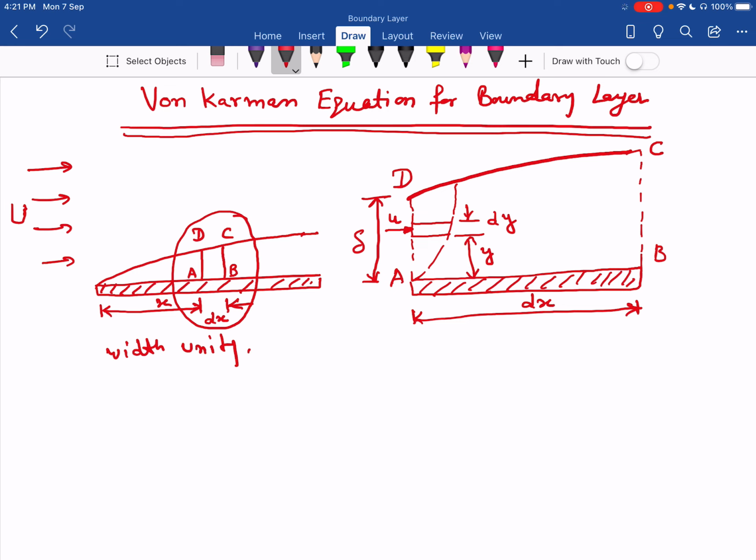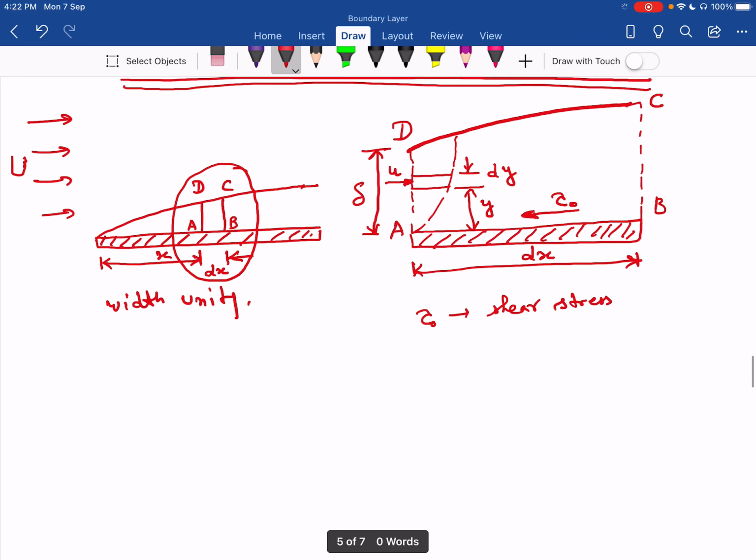Okay. Now let us say tau be the tau O, you can say. This is the shear stress acting on this plate. Now the direction of this stress is opposite to that of the flow direction. Okay, so this is the diagram with us.